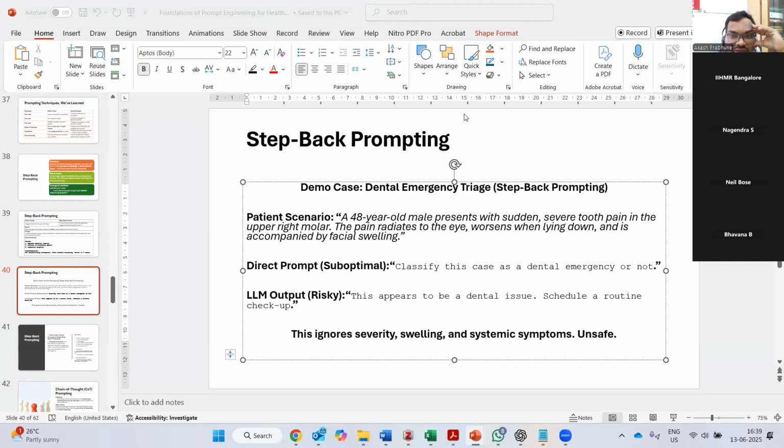The machine has classified it, fine. Okay, the case presents severe red flags. Then what prompt did you add here? Can you share the prompt? Why is it an emergency? Give an answer accordingly.